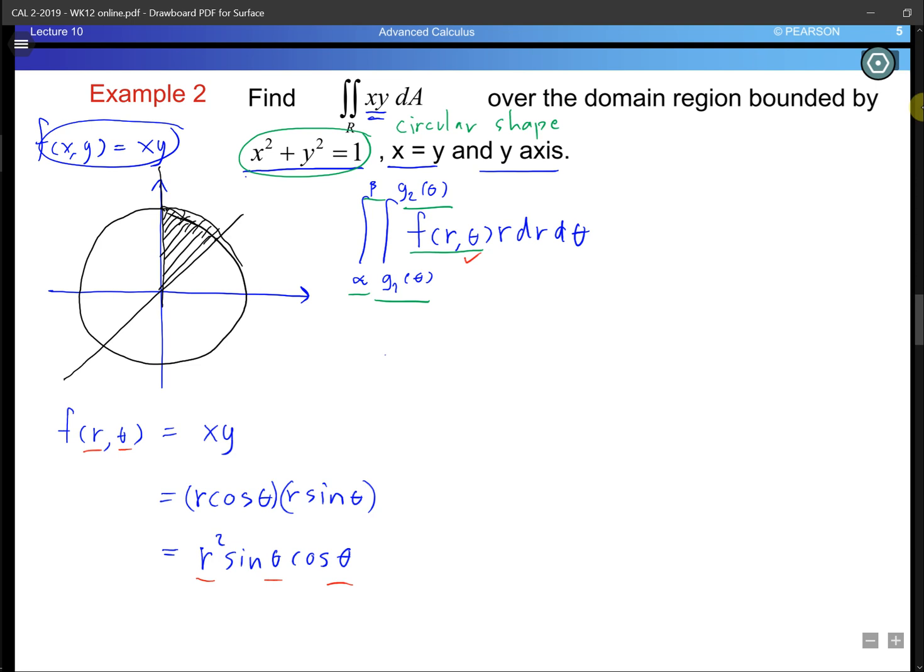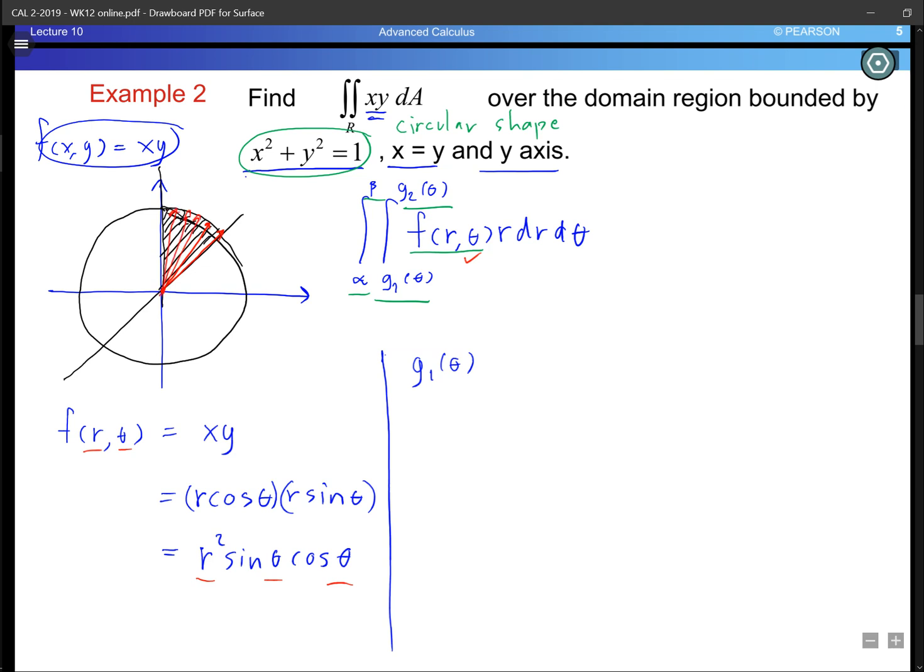Now we need to find out about this g1(theta). Okay, g1(theta) equal to what? To find out about this, we need to know how the variables sweep in this case. So let's take a look here. Sweeping of the variable in terms of radius starts from the origin to the circle.